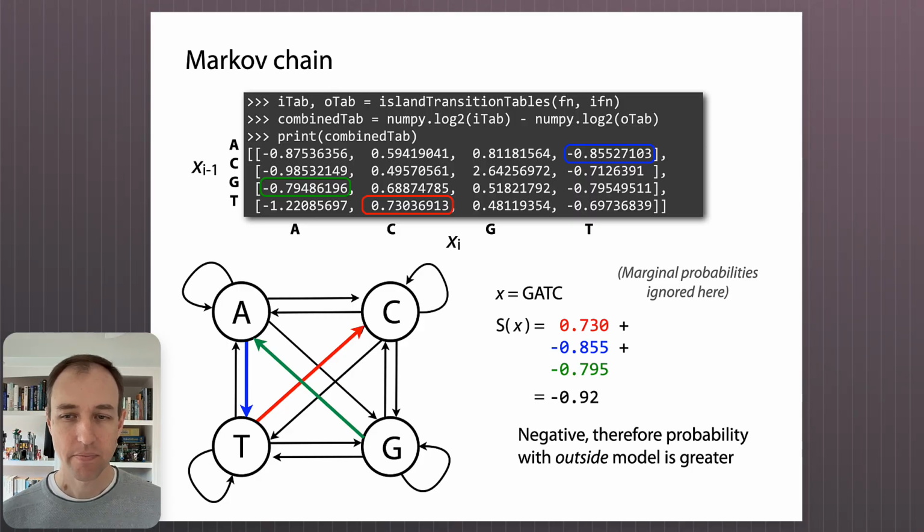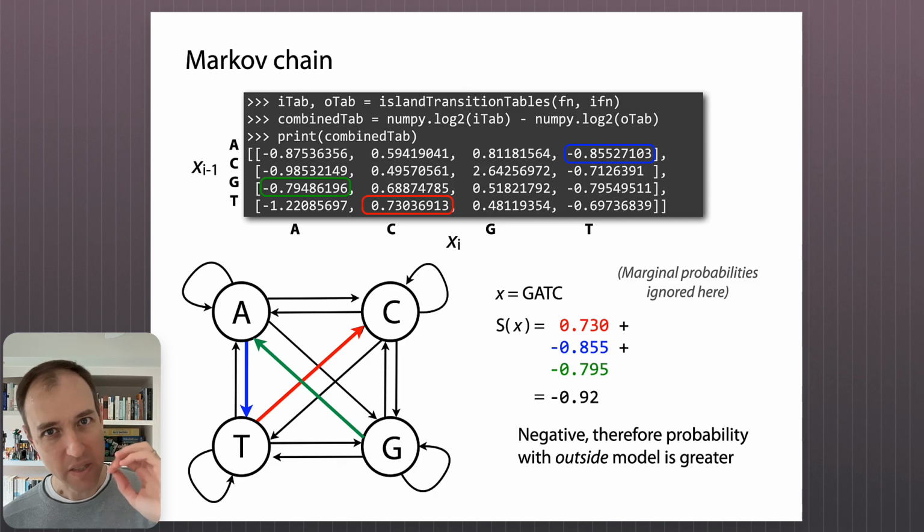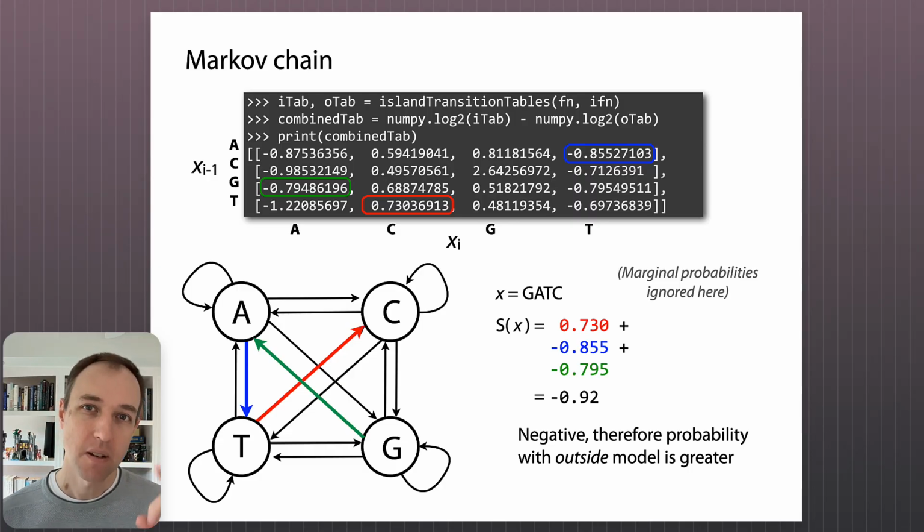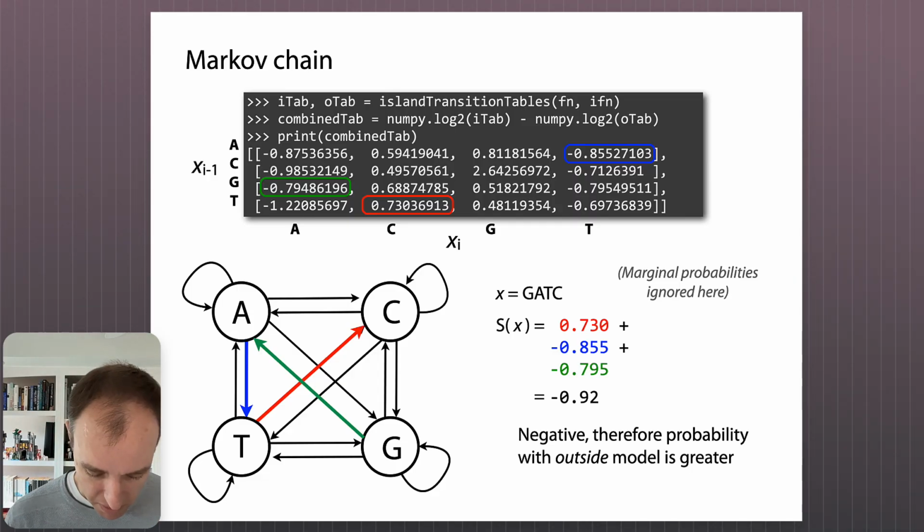Okay. One quick thing to mention: in the previous video we looked at the probabilities for the outside CPG island model, and we asked, does something in this table look unusual? And we said, yeah, one of the probabilities is low. Well, we can play the same game with this table. Do we see something that looks unusual?